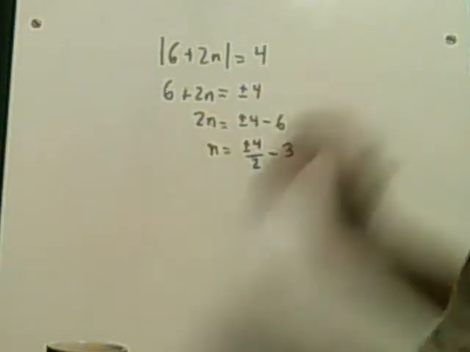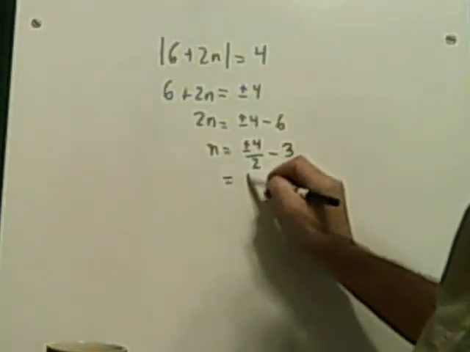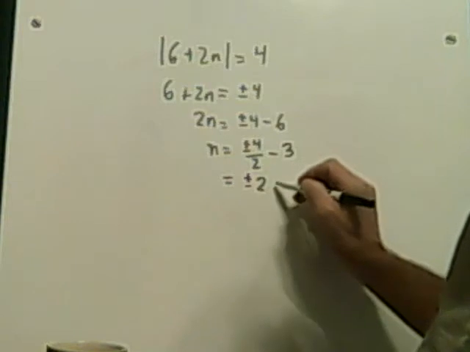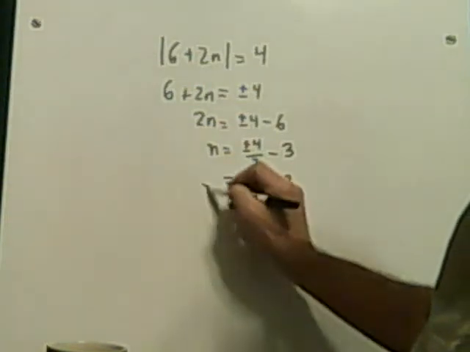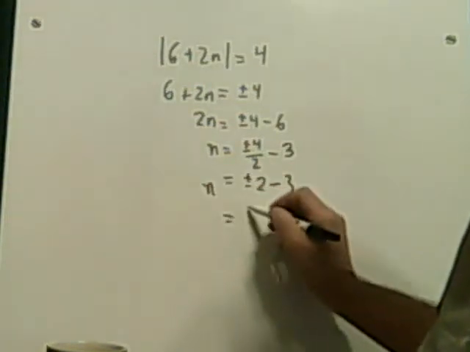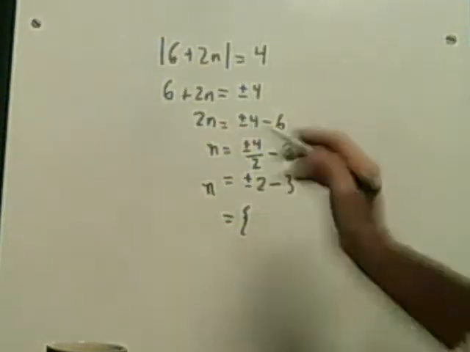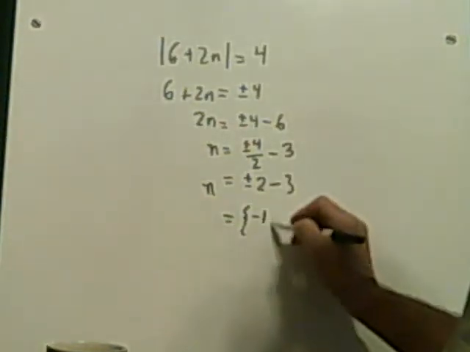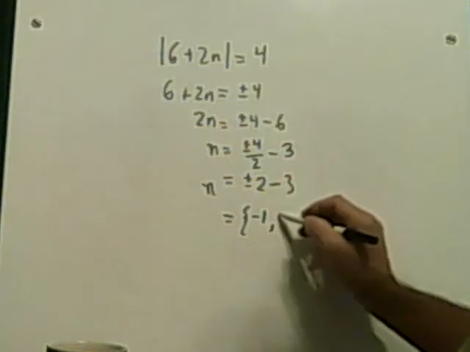I just moved the 2 over to the other side. This is plus or minus 2 minus 3, n equals. And there are two answers here. One of them is going to be -1. That's when I take plus 2 minus 3, and the other is -5.